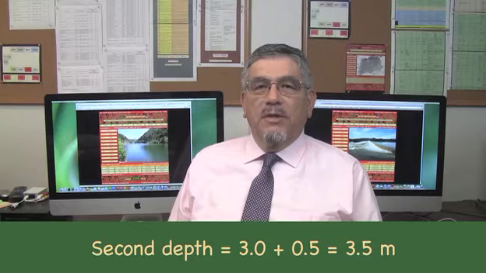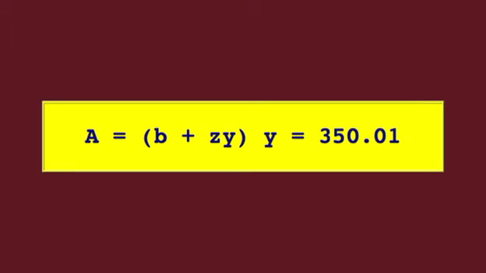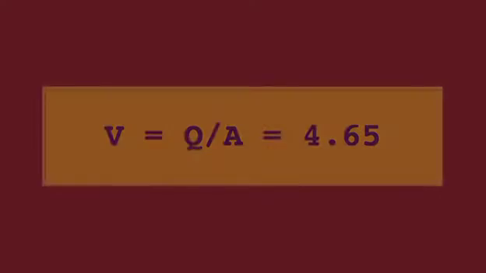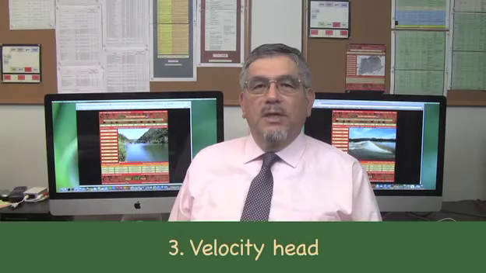The second depth is equal to the first depth, 3 meters, plus the depth interval, 0.5 meters. Thus, the second depth is 3.5 meters. At the second depth, for Y equal 3.5 meters, we calculate 1. Area. 2. Velocity. 3.